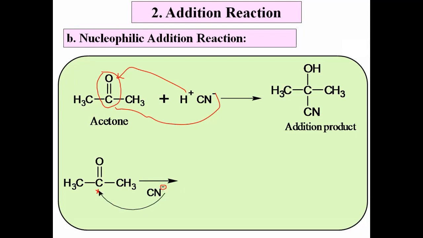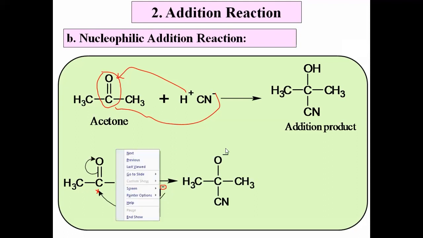The CN group forms a bond with the carbonyl carbon. To maintain the valency, the pi bond between carbon and oxygen breaks, and this electron pair goes on the oxygen. Now the oxygen acquires a negative charge, there is a new bond between carbon and the cyano group, and we get the intermediate alkoxide ion.